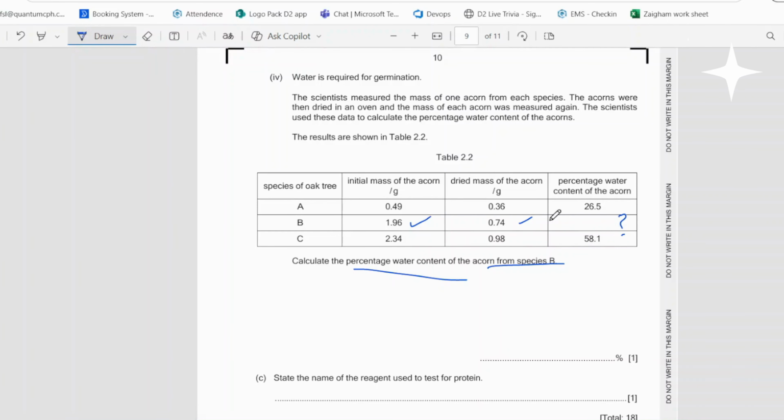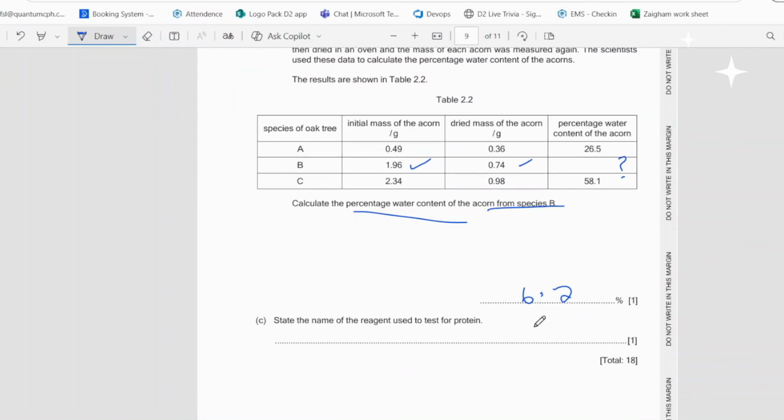Just subtract and then find the percentage for that. Okay. Yes, we do. 62.2, that is correct. So initial minus whatever this is, divided by 1.96, multiplied by 100. Okay, working is not required.